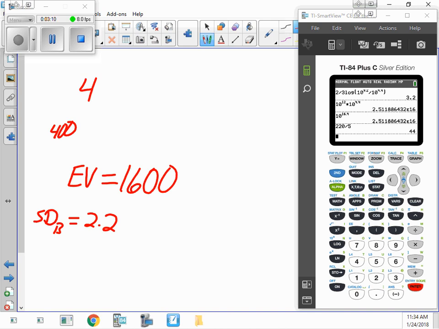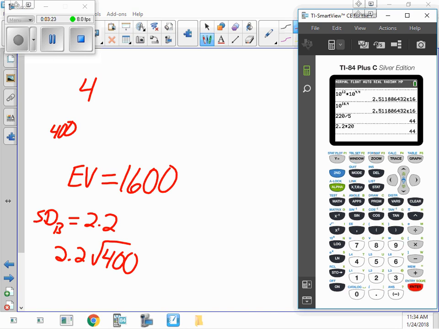Okay. Now I find the SE by taking 2.2 and multiplying it by the square root of 400. So that's 20. 2.2 times 20 is 44. So this plus or minus 44. 68% of the people will be inside that interval.